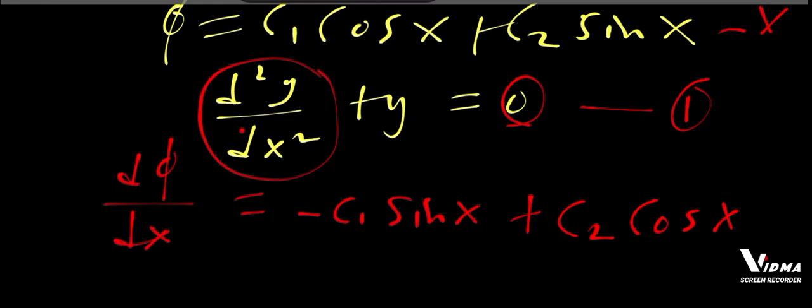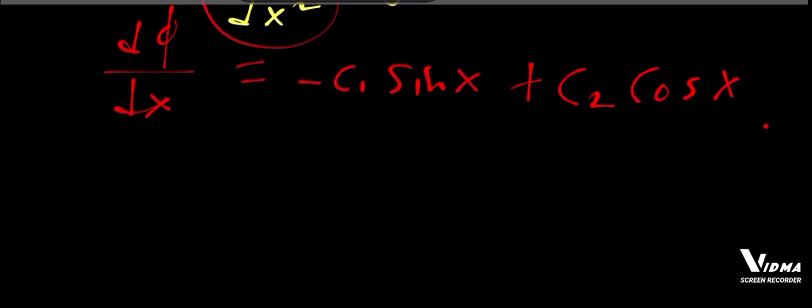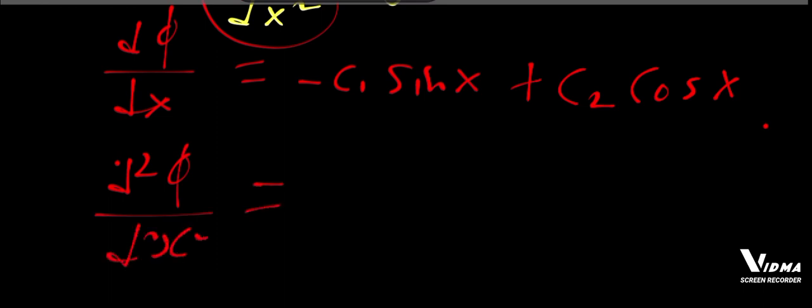But we are looking for the second derivative, so we have to differentiate again. This time it is d squared phi over dx squared. So we end up with negative c1 cos x, and differentiating cos x, we get minus c2 sine x.